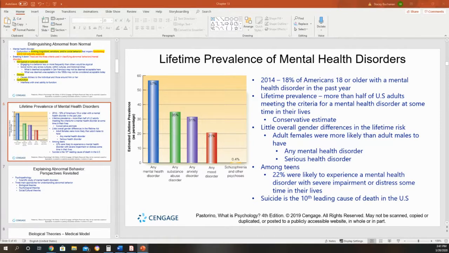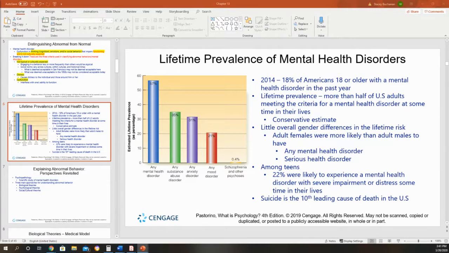But over one's lifetime, so as one lives their entire life, more than half of US adults, it's like 53% I think exactly, will meet the criteria for a mental health disorder.